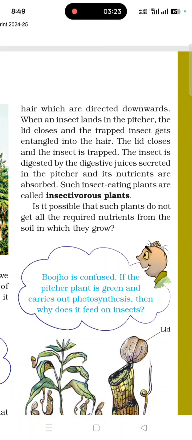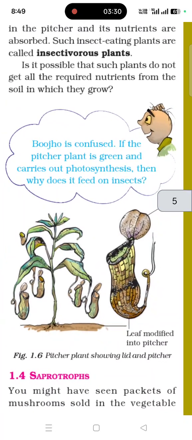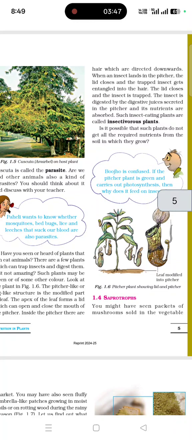So this is the mode of nutrition. It is a kind of heterotrophic nutrition where it's dependent upon insects. Here the images have been given for the pitcher plant, where there is a lid present. This is a modification of the leaf. The leaf has been modified in such a form that it can open and close automatically when there is an insect inside that sac-like structure.